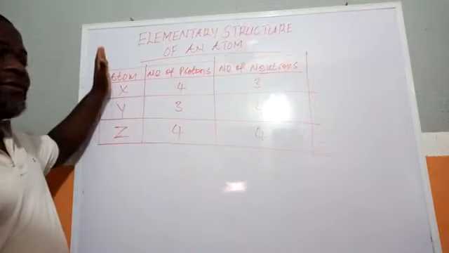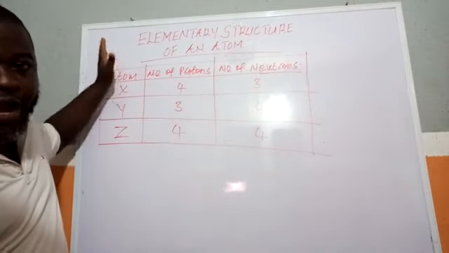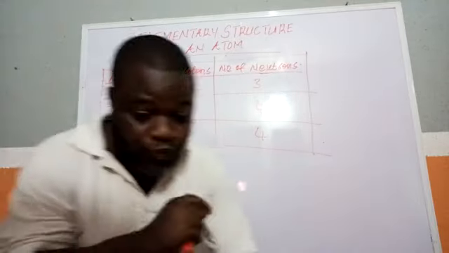Under Roman figure 1: Which of the atoms in the table above are isotopes? Give reason. Why are they isotopes?